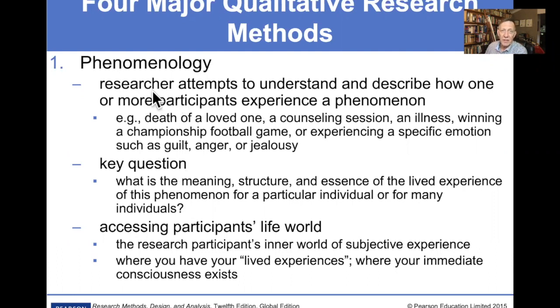The researcher attempts to understand and describe how one or more participants experience a phenomenon, like the death of a loved one, a counseling session, illness, and so on. The key question is then, what is the meaning, structure, and essence of the lived experience of this phenomenon for a particular individual or many individuals? You would like to access the participant's life world.